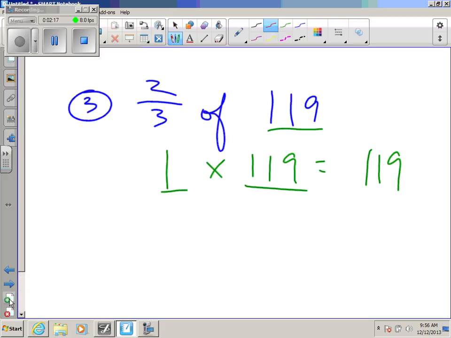Now, the other side of it is this. 2/3 of 119. Okay? If we look at the 119 and we look at the 3, I'm going to look at these first 2 digits in the 119. What number closest to 11 is divisible by 3? 12.